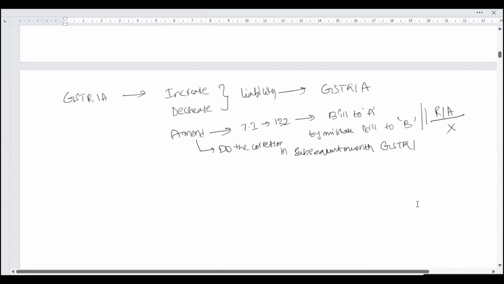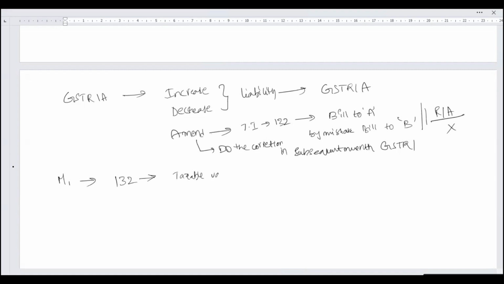Now, there is a challenge over here. Let's take one example. Say for month 1 there is an invoice, invoice number 132. The taxable value is 1 lakh, the tax is 18,000, total 1,18,000. This is the actual scenario.